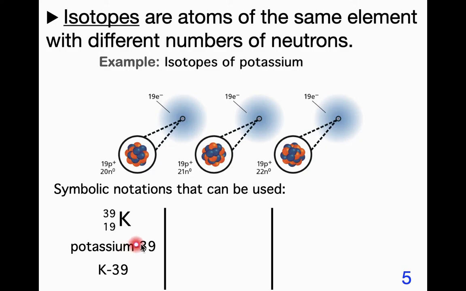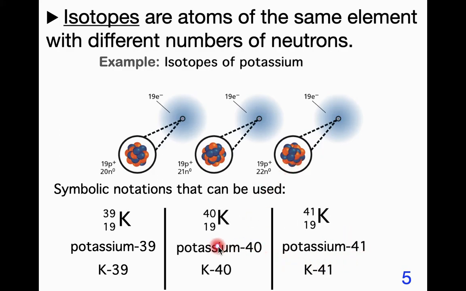And we could do exactly the same for this isotope and this isotope, where the only difference will be the mass number. So this is called potassium 40, and this is potassium 41. The only difference between the 3 is the number of neutrons, which means that we have a different mass number.